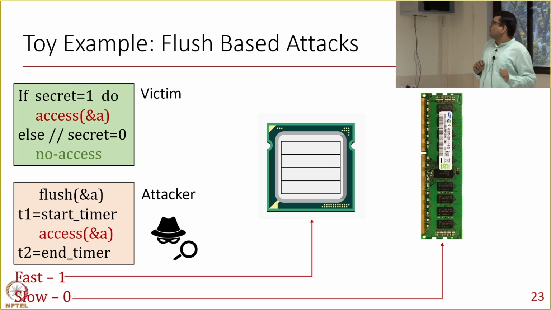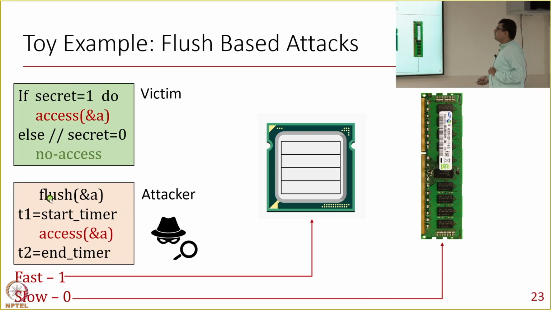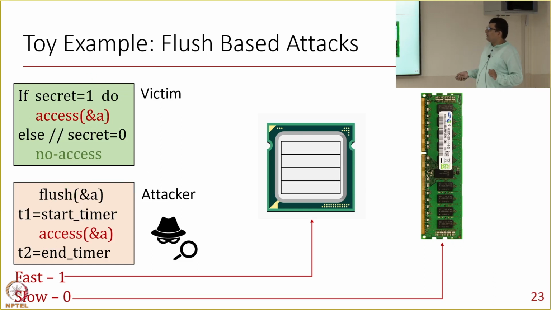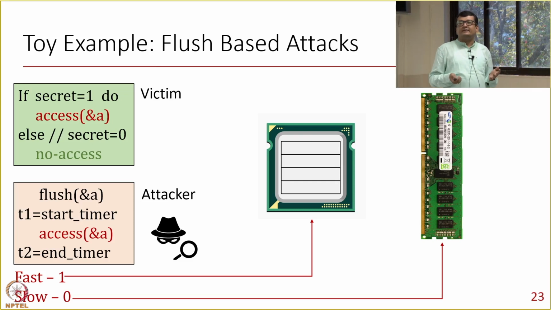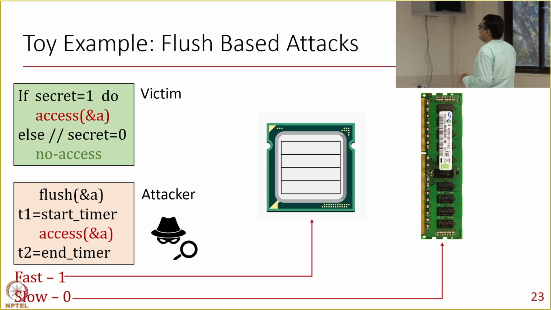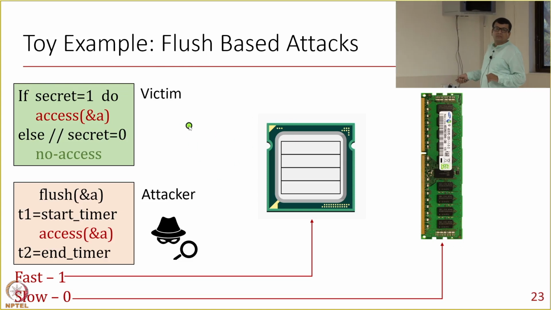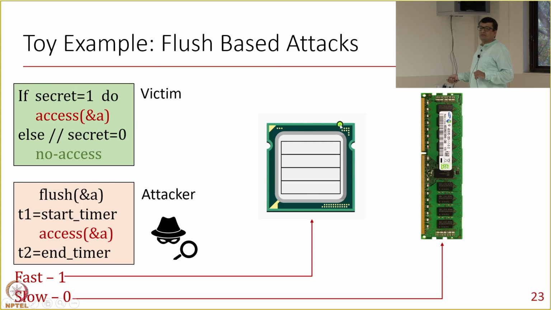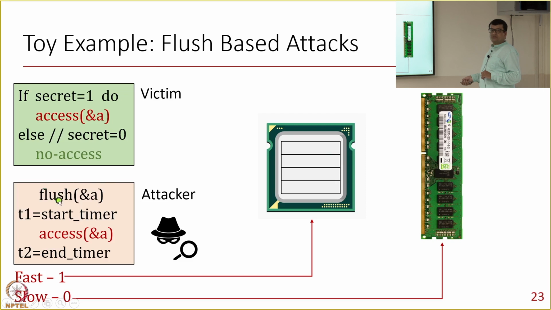Now as an attacker, you can flush this particular address A. The flush is an instruction. In Intel x86 there is an instruction called CLFLUSH, cache line flush. If you say go and flush this address, it will be kicked out from the cache hierarchy and go to memory. Every time you execute this instruction, it makes sure that this address A is not there in the cache.